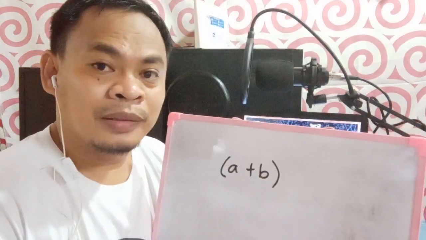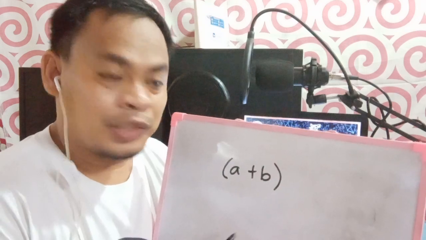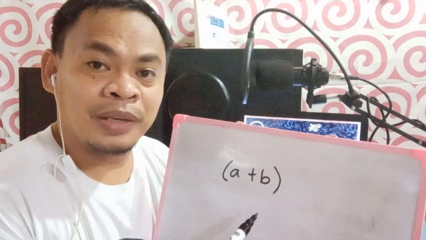According to the definition, FOIL method is a technique for distributing two binomials. When we say binomial, it means an algebraic expression of the sum or difference of two terms. That is a binomial. This is a binomial, two terms. Our first term is A and our second term is B.